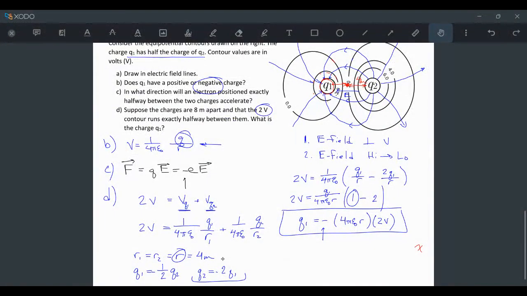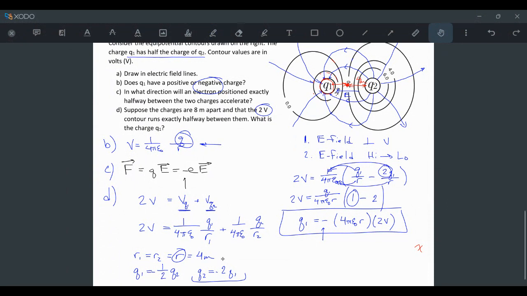So what I did was I actually ended up factoring out Q1 over R from both of these terms. So the Q1 came out from both of them, and the R was put into the denominator over here because there's a common Q1 and R in both. But there was this factor of 2 hanging around that was in the term that we originally labeled Q2. So that's where it came from.